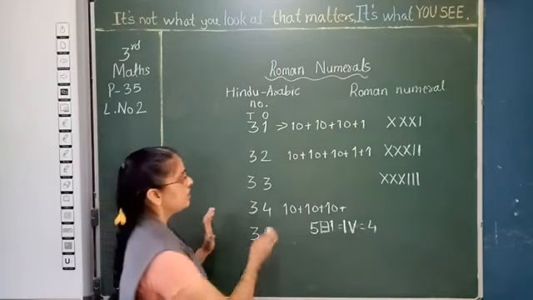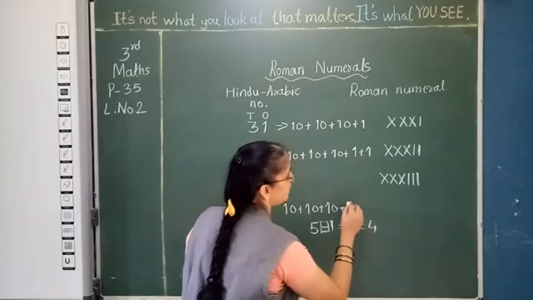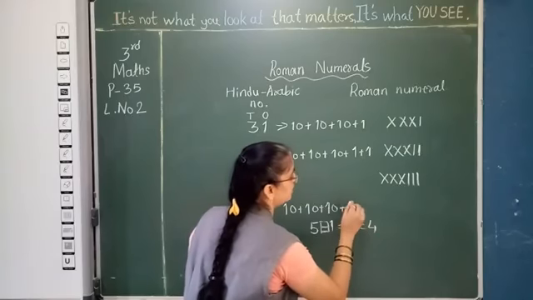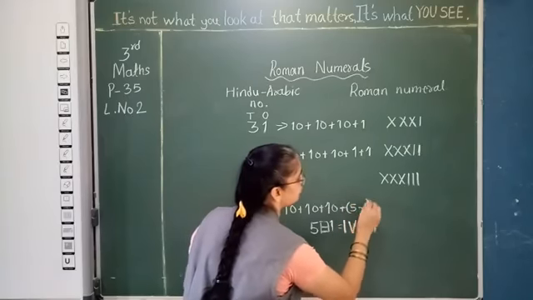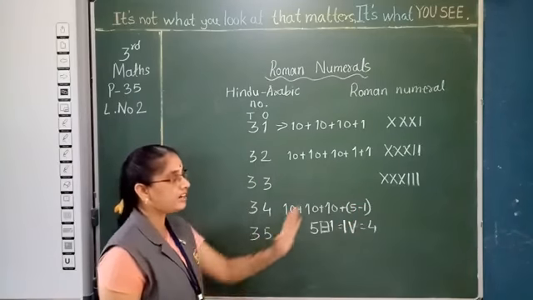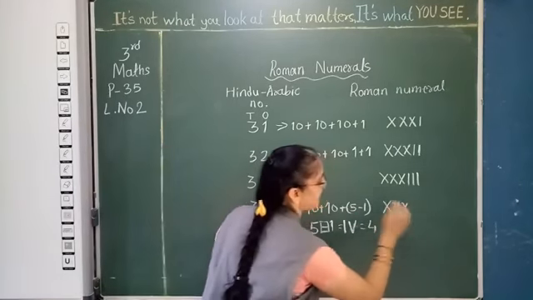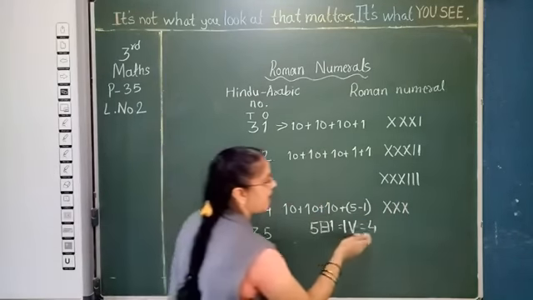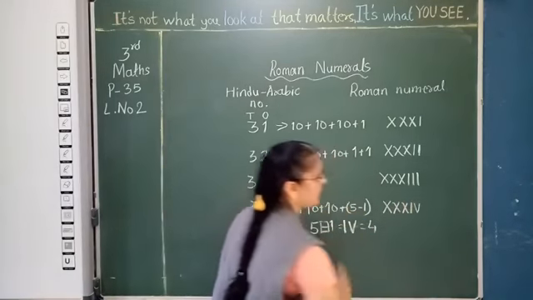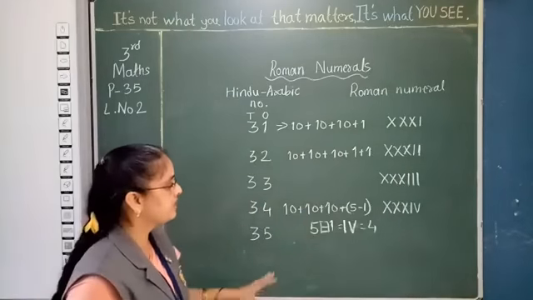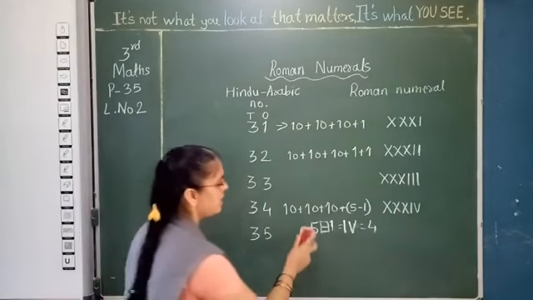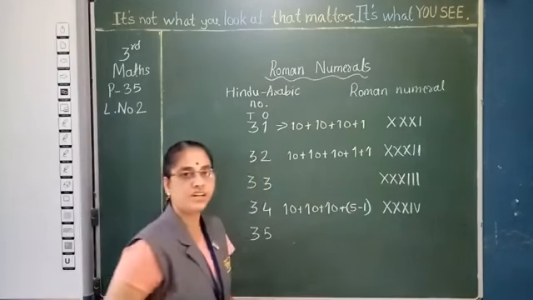So here you see 5 minus 1, and you represent that as XXX and IV. Like this you represent the number 34. Now the next is 35.